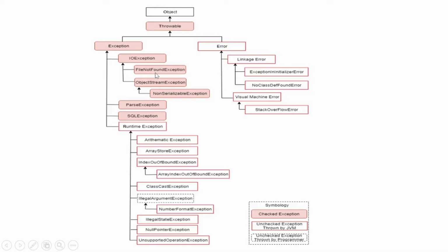So we need to know that FileNotFoundException is a child class of IOException, and NotSerializableException is also a child of IOException. You will also see these in other topics of this OCP course.